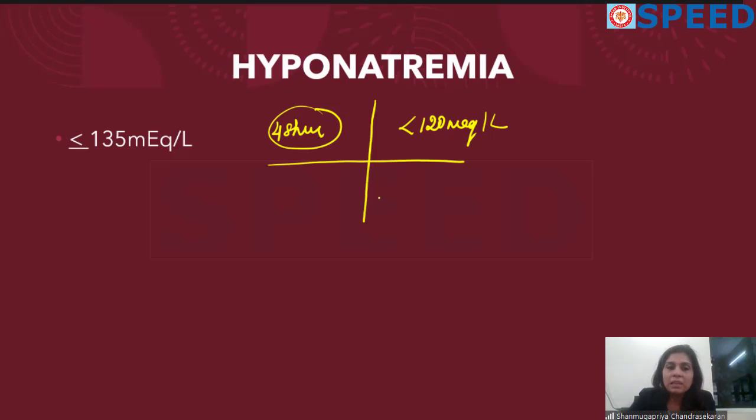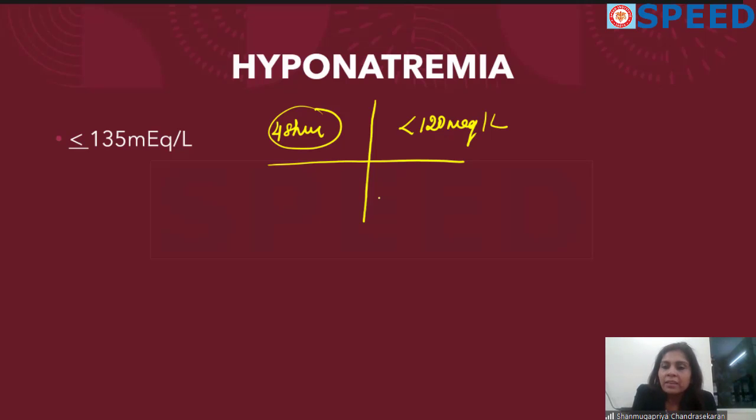Now, if there is a mild decrease in sodium, mostly it is asymptomatic. And when it's further low, it presents with non-specific manifestations like an increase in the fall rate, and there can be cognition difficulties. All these are non-specific symptoms. And when it falls even lower, what you observe is confusion, irritability.